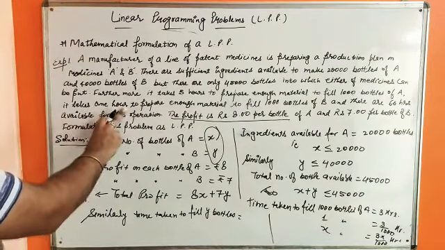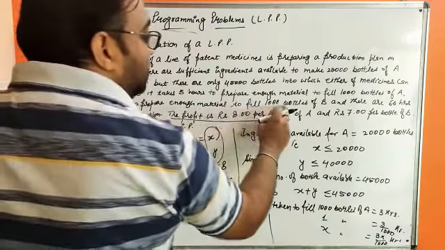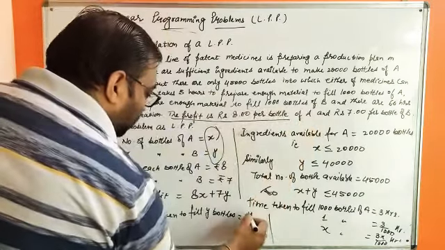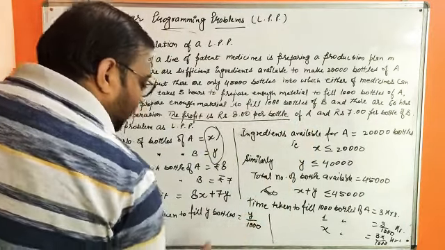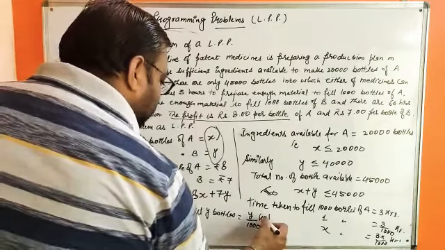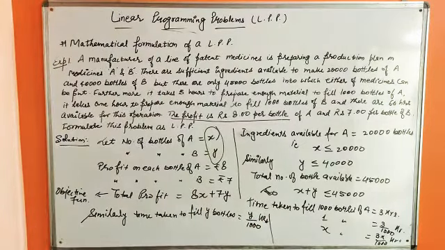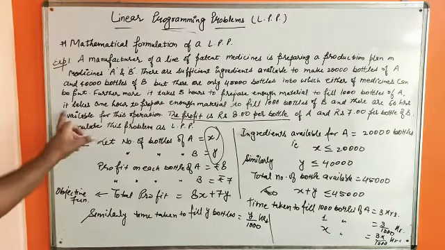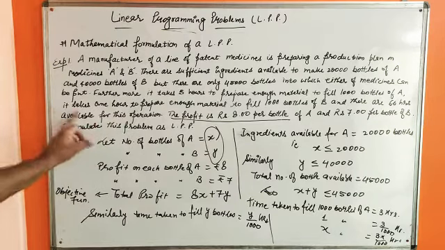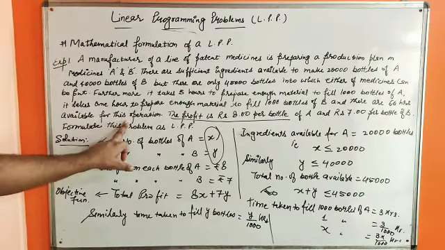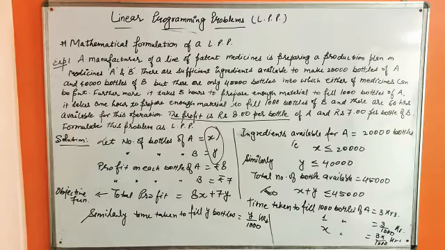It takes 1 hour to prepare enough material to fill 1000 bottles of B. So it will be Y upon 1000 hours in total. But there are only 66 hours available to fulfill this particular operation.